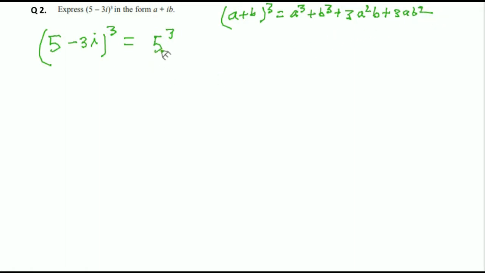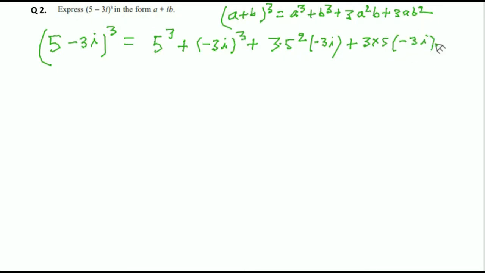Here you can write in a similar way: 5 to the power cube plus minus 3 iota to the power 3 plus 3a square, like 5 square into minus 3 iota, plus 3a, where a will be 5 into b will be minus 3 iota, so minus 3 iota square.